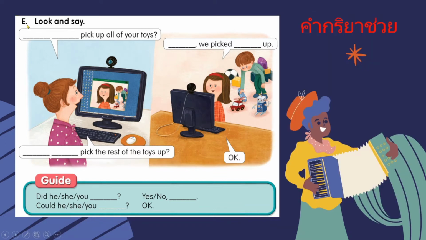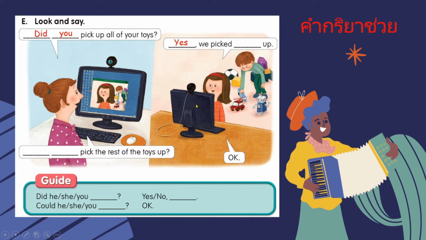Now let's try to look at this photo. Part E, Look and Say. Let's try to answer: blank, blank, pick up all of your toys. Using the guide, you can say, did you pick up all of your toys? And the girl said, blank, we picked blank up.